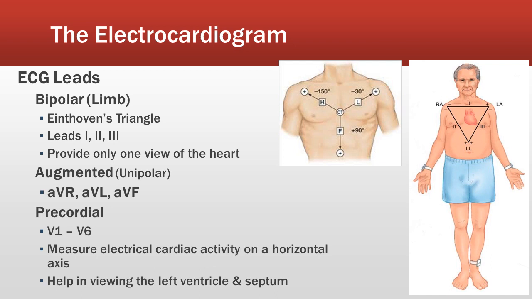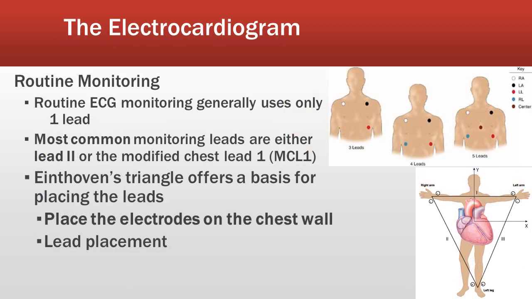We'll talk more about those later in the presentation. Routine cardiac monitoring only uses one lead, and the most common lead for that monitoring is lead 2. Einthoven's triangle is the basis for lead placement of those electrodes on the patient's body.